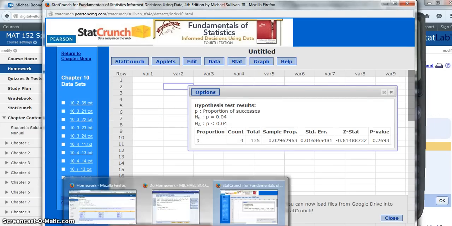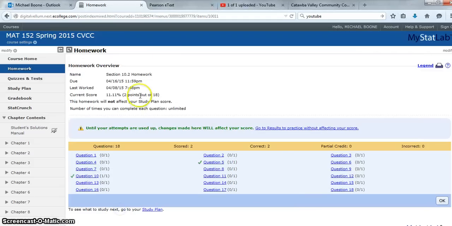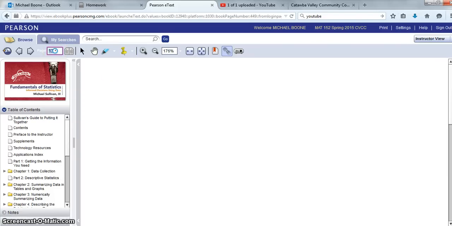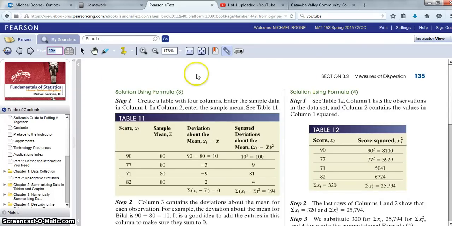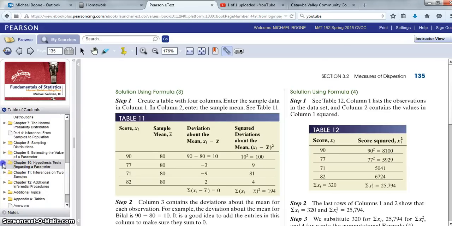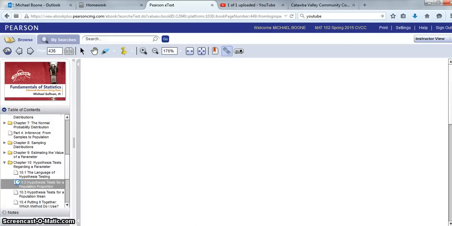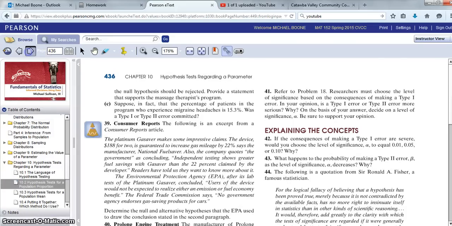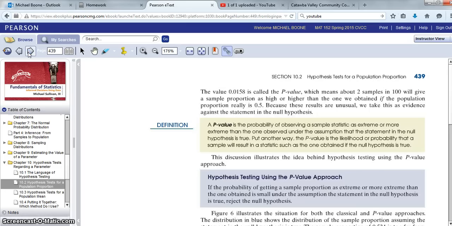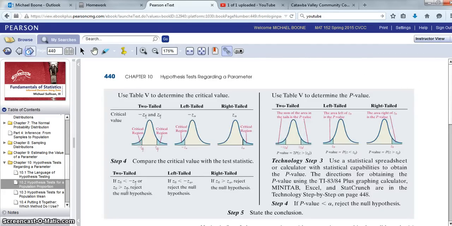So let's look in the book. Let's see if we can find out where the book will help us out in this section 2. Alright, oh, way off on chapters. So, chapter 10, section 2. And so we always have to check those conditions, so you really do have to be careful when doing these.